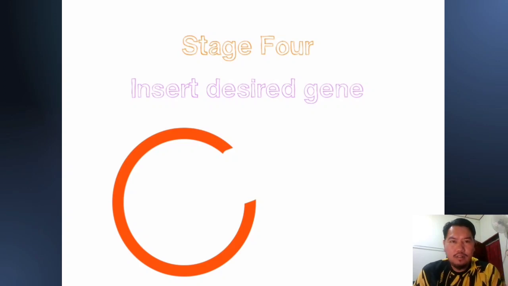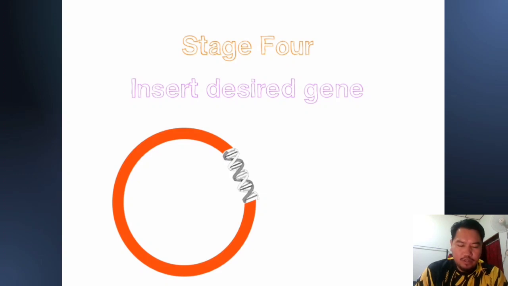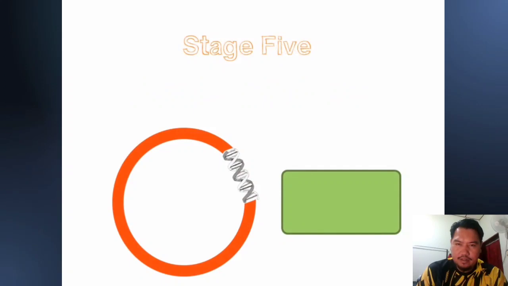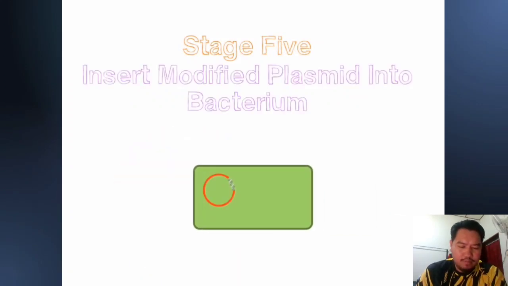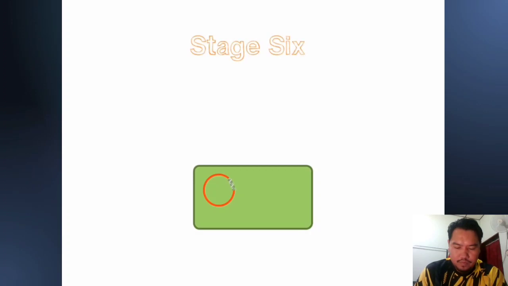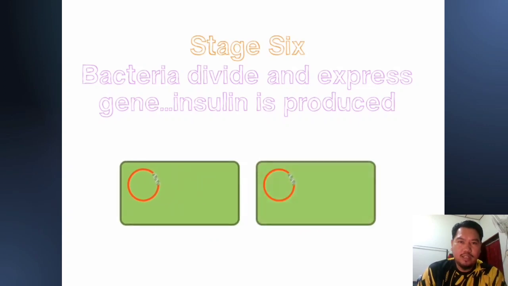Stage 4, we insert the desired gene, the insulin-producing gene, into the bacterial plasmid. We use DNA ligase enzyme to combine the human insulin gene with the bacterial plasmid. Stage 5, we insert the modified plasmid into a bacterium. Then the bacterium will divide and express the gene, and insulin is produced.